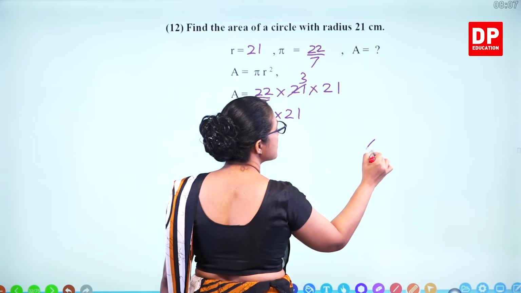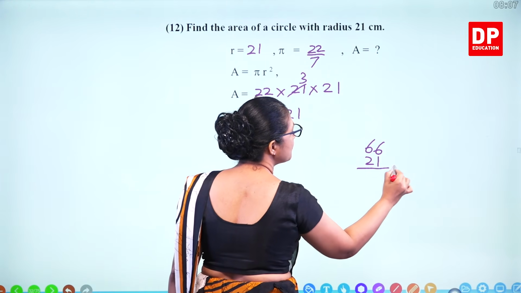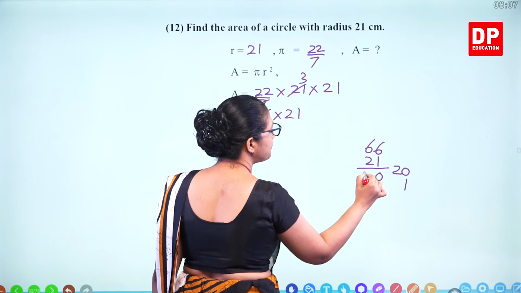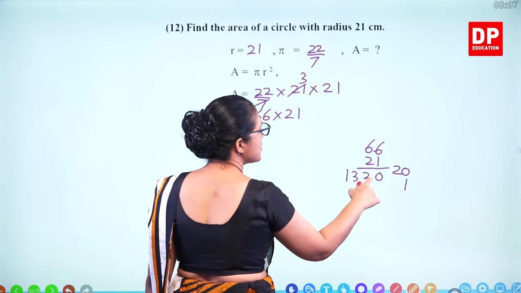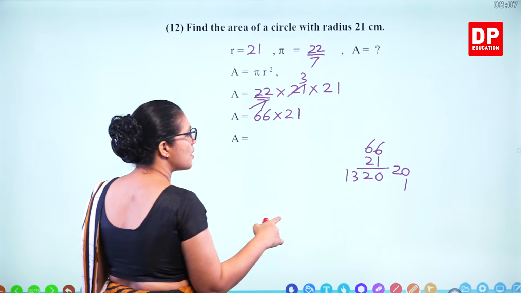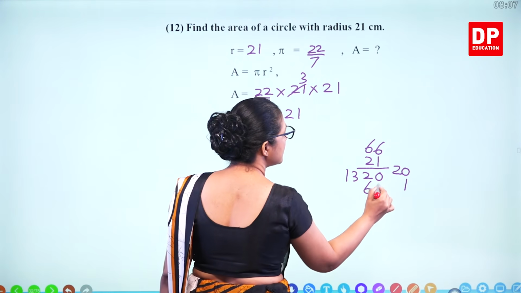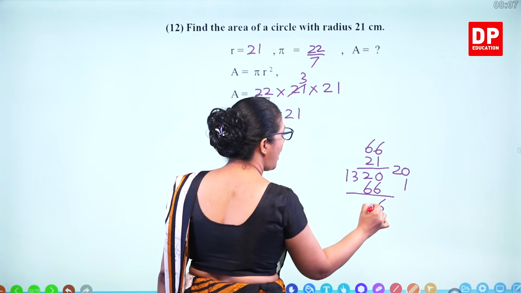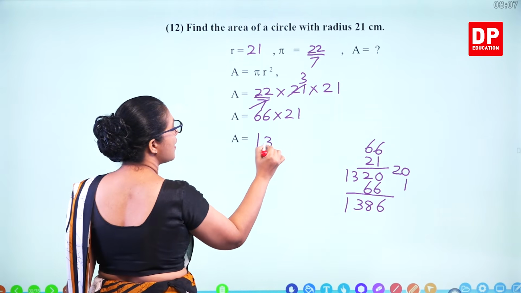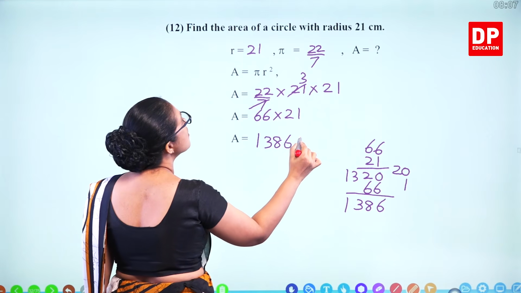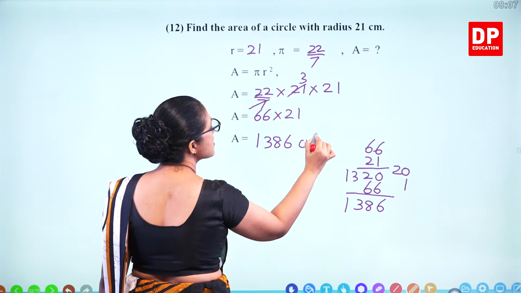So what's 66 into 21? 20 and 1 here. So you get 2 times 6, 12, and 2 times 6, 12 plus 1, 13, and here 66. So when you add it, you get 1386 square centimeters.